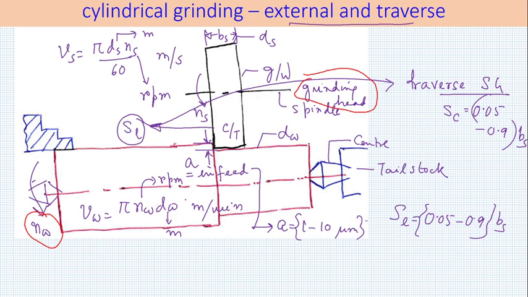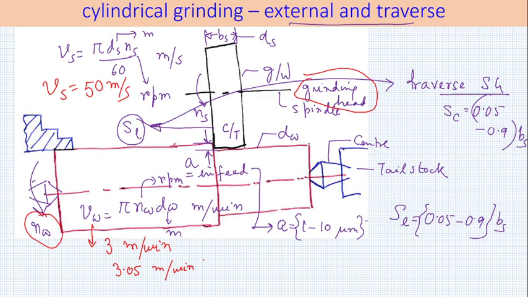No precise synchronization of these motor speeds is required. Roughly, say for example, you require a VS of say 50 meter per second and VW say 3 meter per minute. Instead of 3 meter per minute, if it becomes 3.05, you do not lose anything. So there are two different motors.